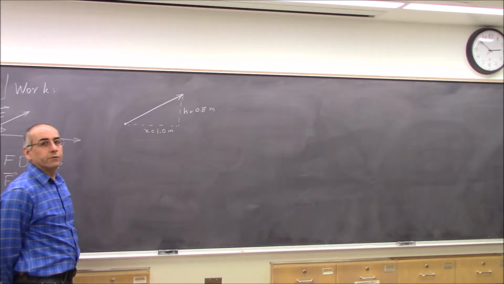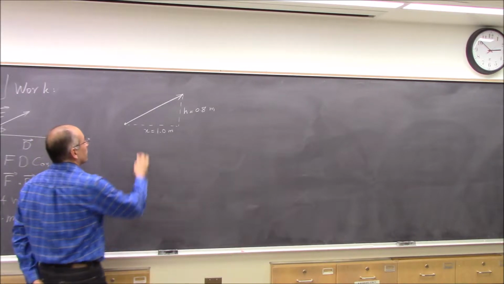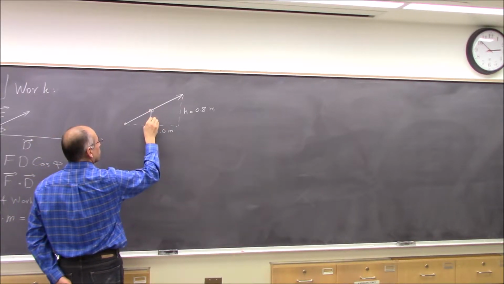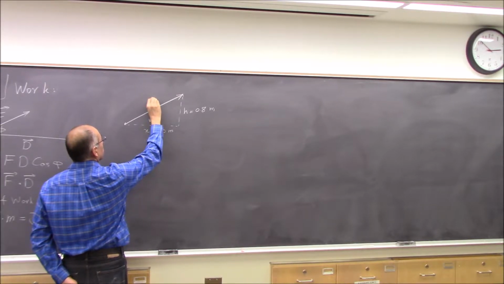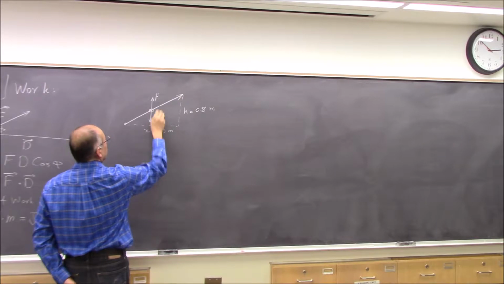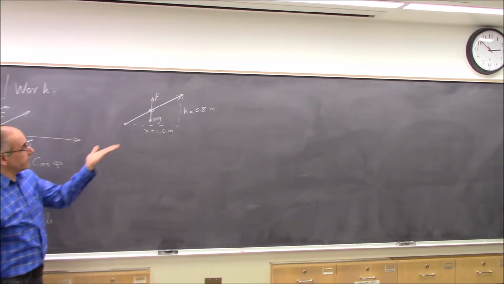How much work do I do now? This is the object, and the force of gravity applies downward. My force is upward, mg and F, and we're going slowly at equilibrium.